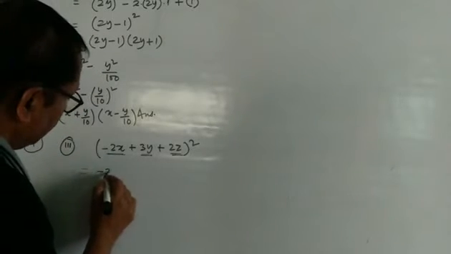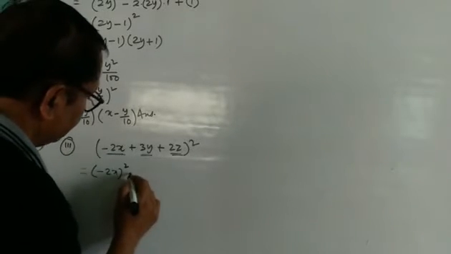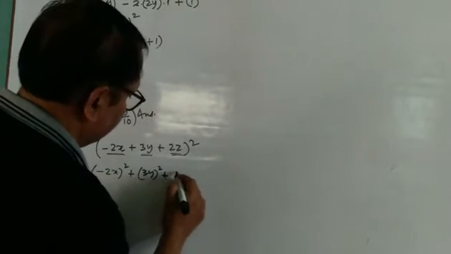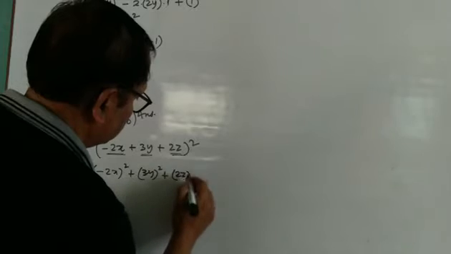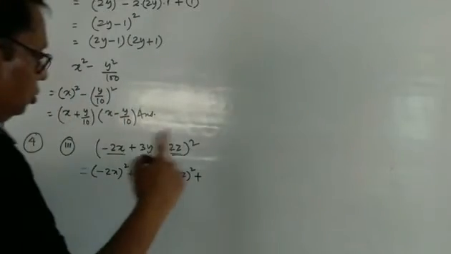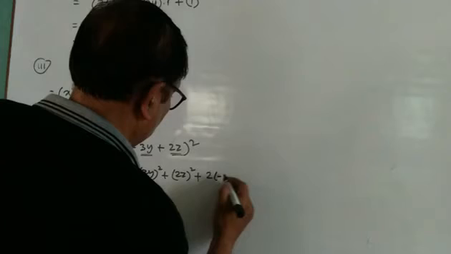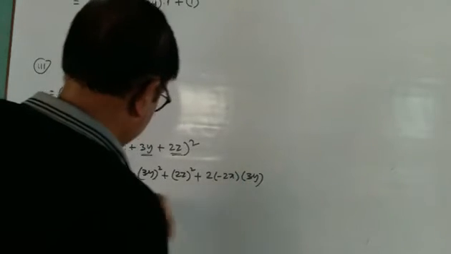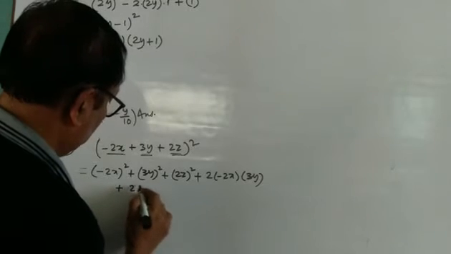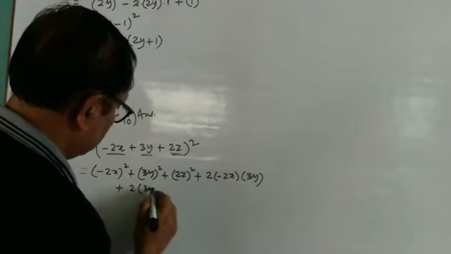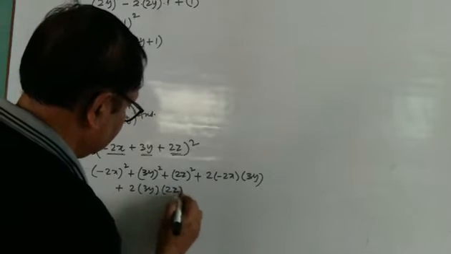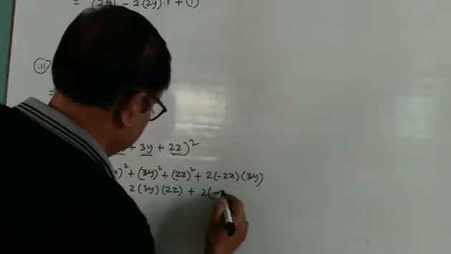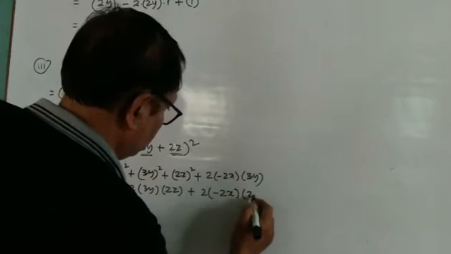So a square, (-2x) whole square, plus b square, (3y) whole square, plus c square, (2z) whole square, plus 2ab, 2 into -2x into 3y, plus 2bc, 2 into 3y into 2z, plus 2ac, -2x into 2z.